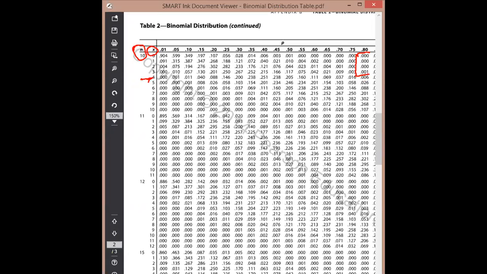And I forgot to do the 0 down here, in other words, no successes at all. So you're adding all of those together: 0, 1, 2, and 3. Let me just erase this stuff and clean it up.